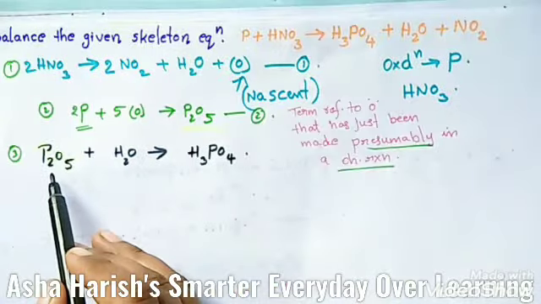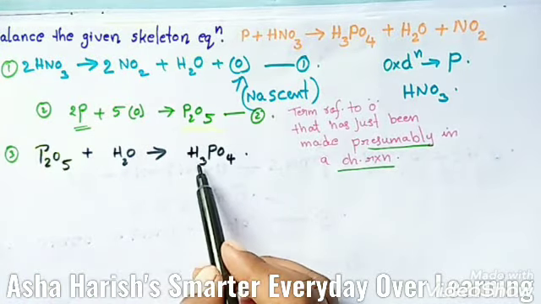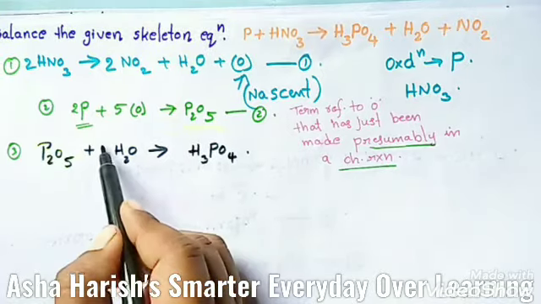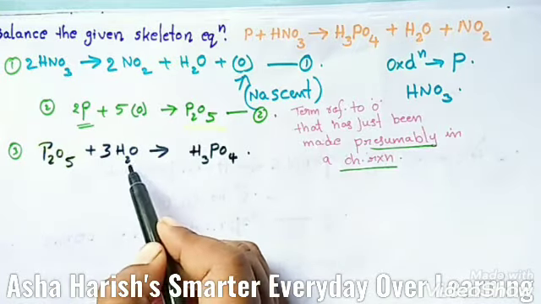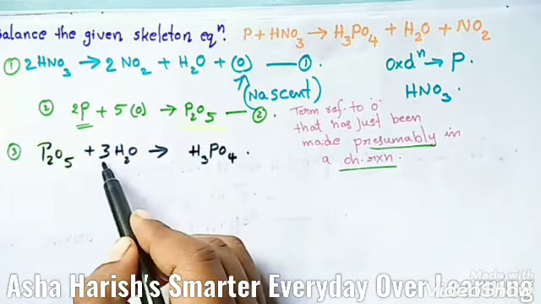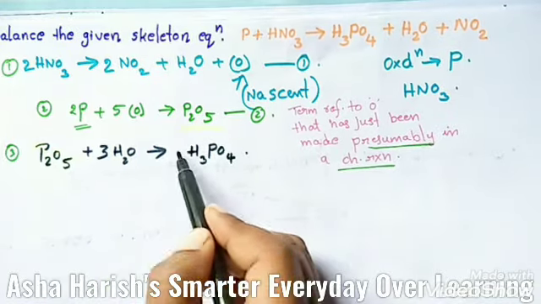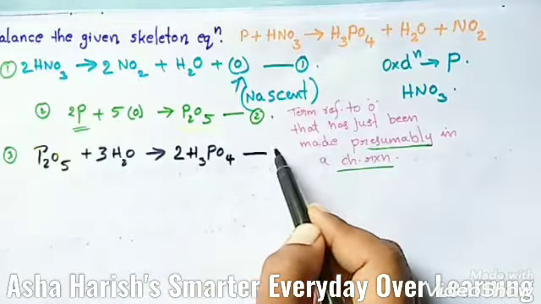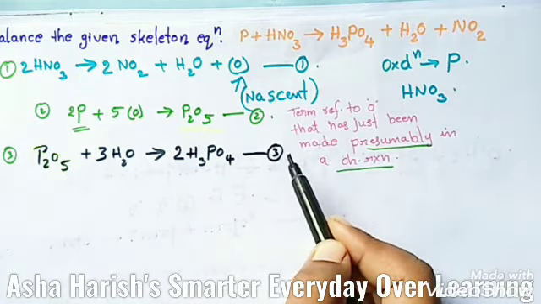Here P2, 2 phosphorus atoms, here only 1 phosphorus atom, and 3 hydrogens, here only 2 hydrogens. If you place 2 in front of this compound, then here 3 2s, 6, then, students, if you place 2 here, hydrogens are balanced. So this is equation number 3.